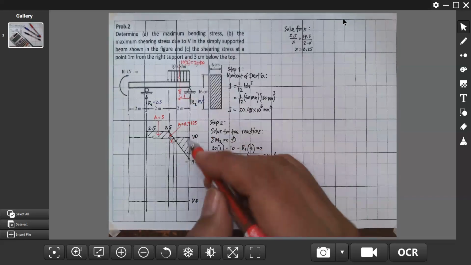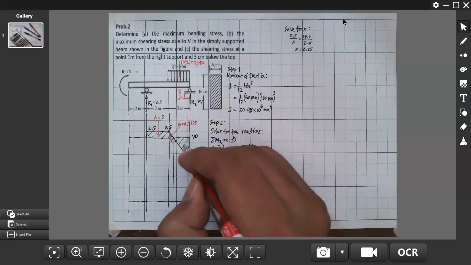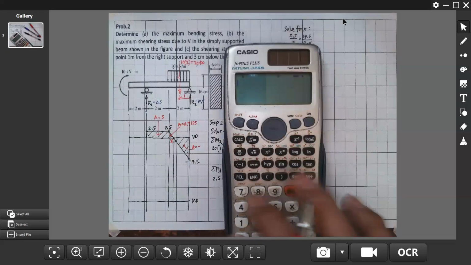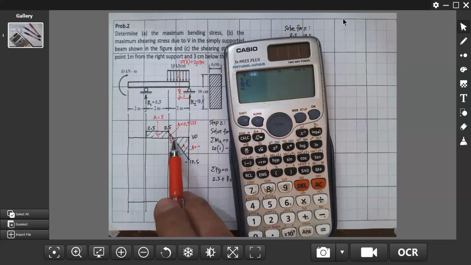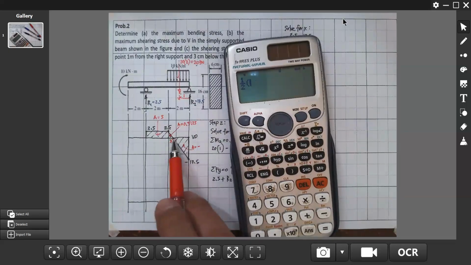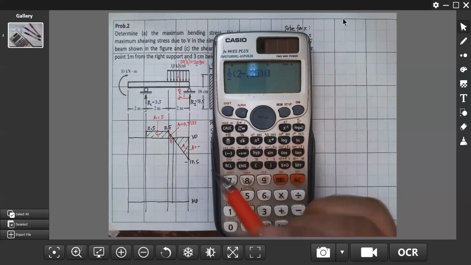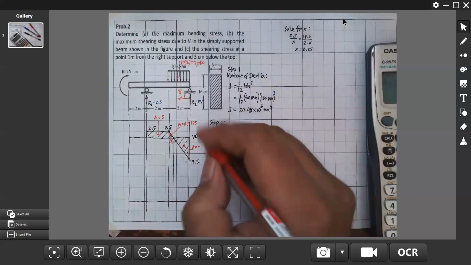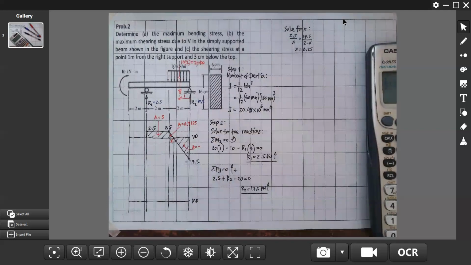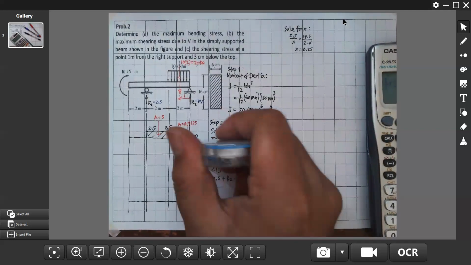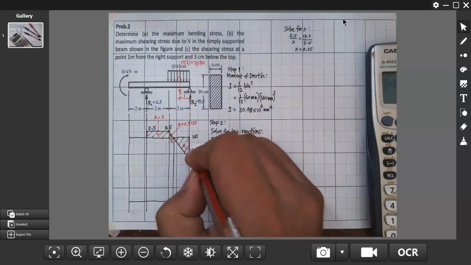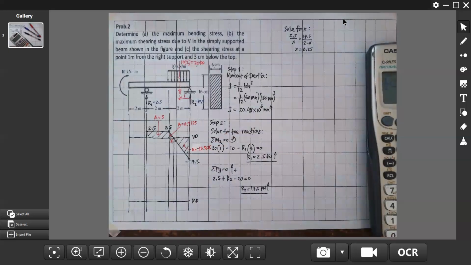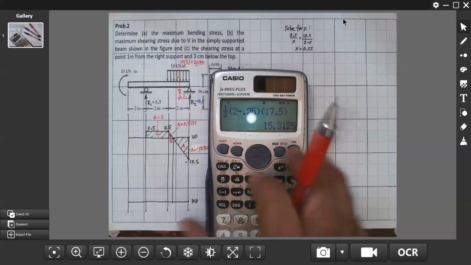Now, for this one, the area is negative. 1/2 times the base, which is 2 minus 0.25, this is 2 minus x, times its y, 17.5. That's 15.3125. So the area is negative 15.3125.